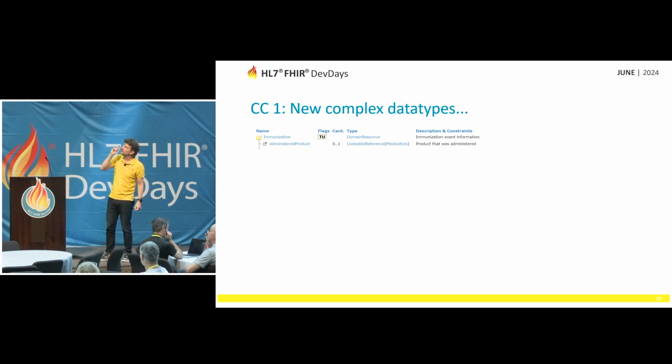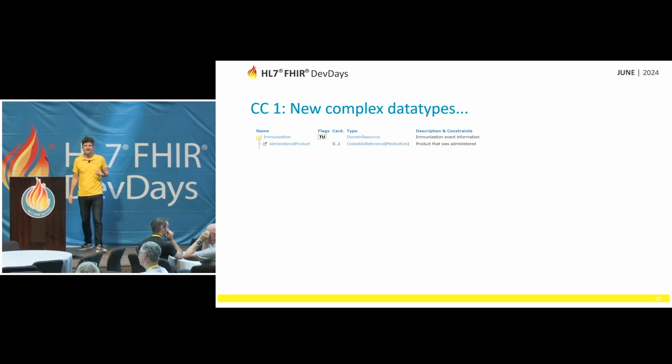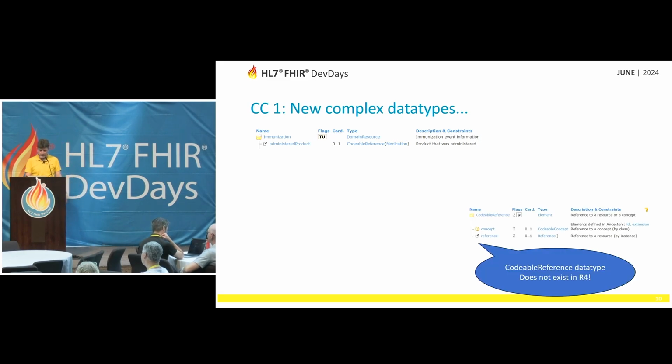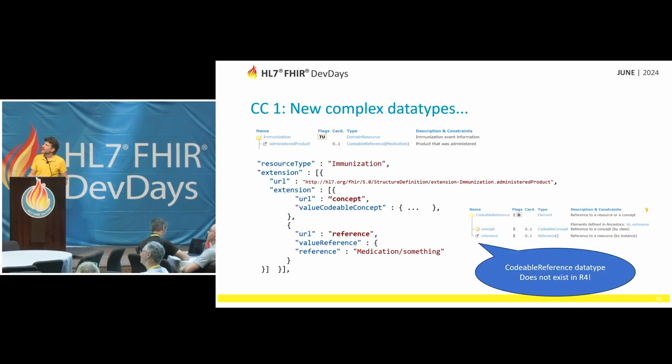The problem is that CodeableReference, the data type used here, didn't exist in R4. So it's nice that I have an R4 extension with value X, but that X could never have been CodeableReference. This was a corner case we knew about when we published on our R4 normative timeline, and we were like, yeah, we'll fix it. Or maybe we just won't allow it. But that didn't work, so we had to find a solution for it, and it's over here.